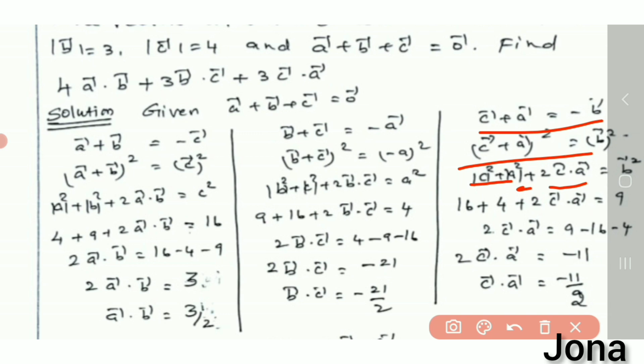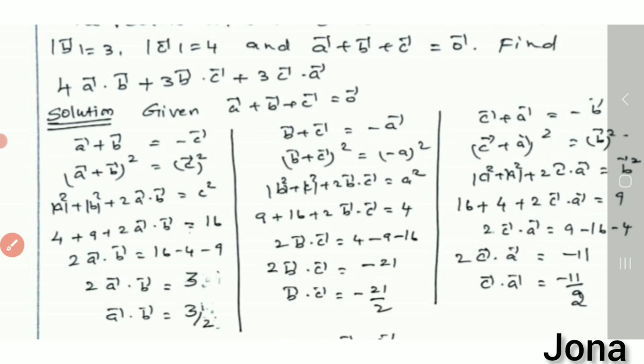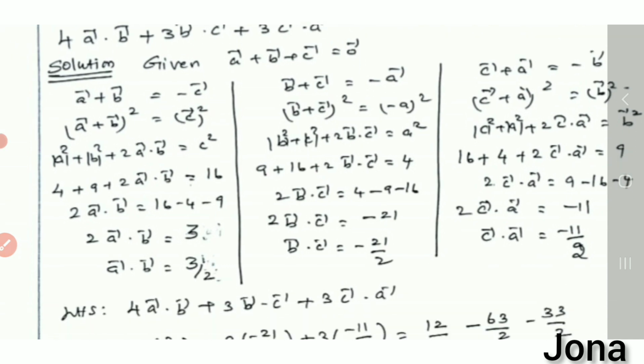Here modulus of C square is 4 square, that is 16, and here 2 square is 4, and keep 2 into C vector dot A vector as it is equal to 9 here. Then take this 16 and 4 to the other side, it becomes minus 16 minus 4, and then 2 into C vector dot A vector equal to minus 11, C vector dot A vector equal to minus 11 by 2. Now we have got A dot B, B dot C and C dot A here.